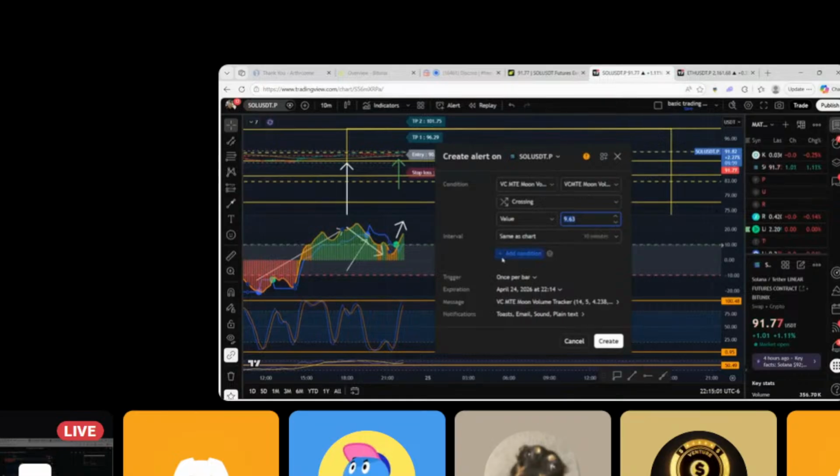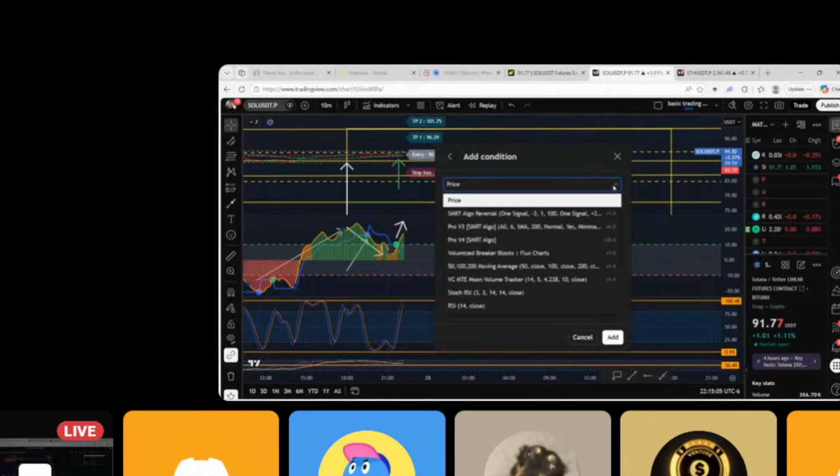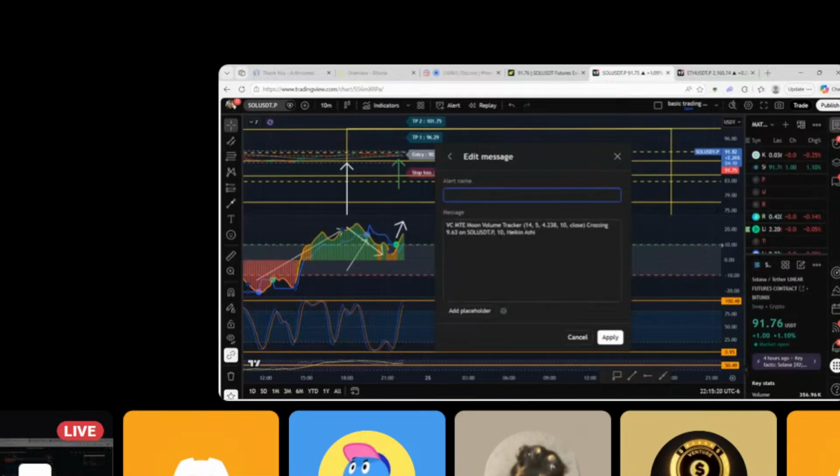Trigger once per bar, expiration the 24th, message. When you go to message, you would alert it, and you would just name it.